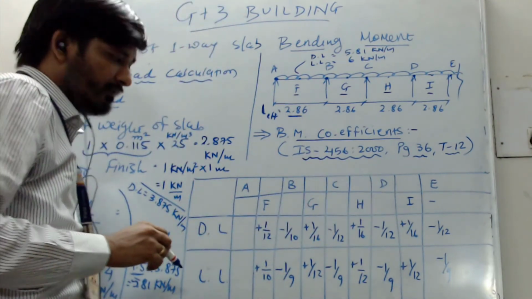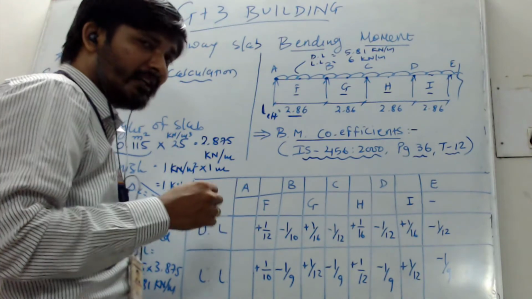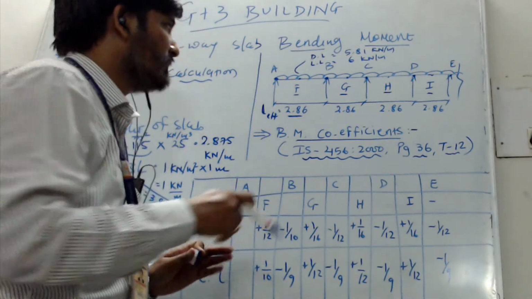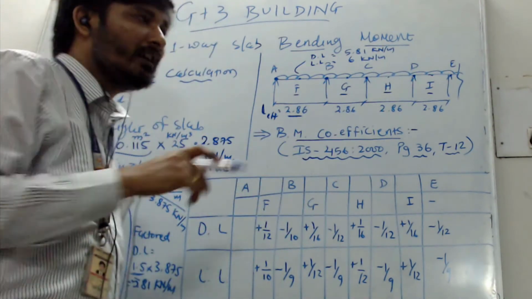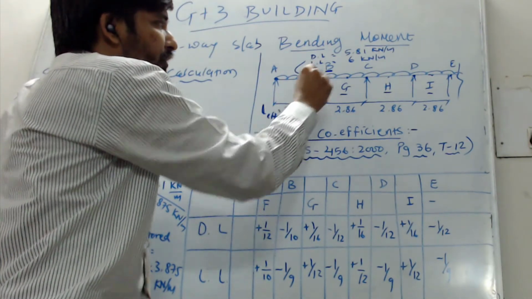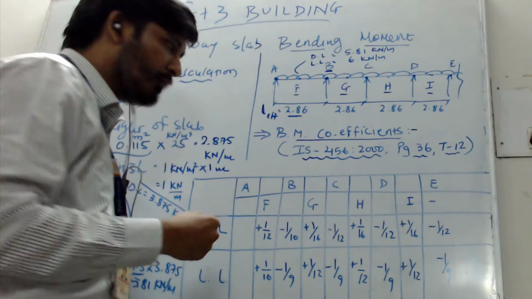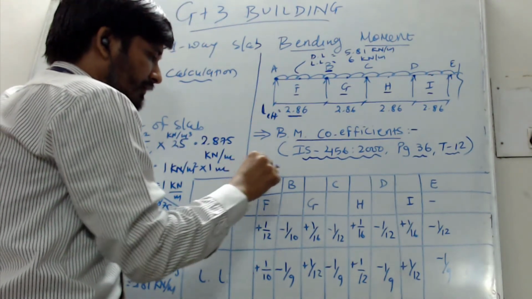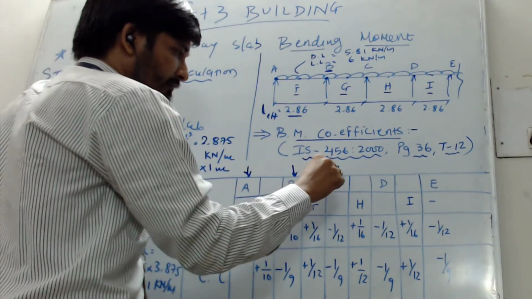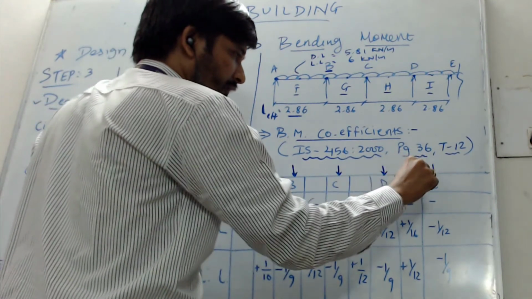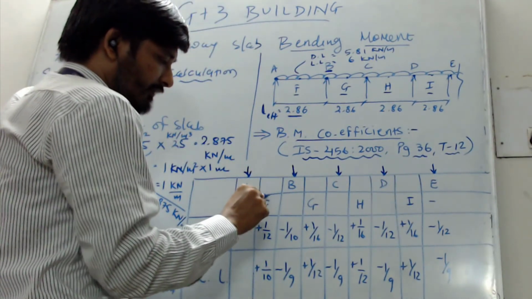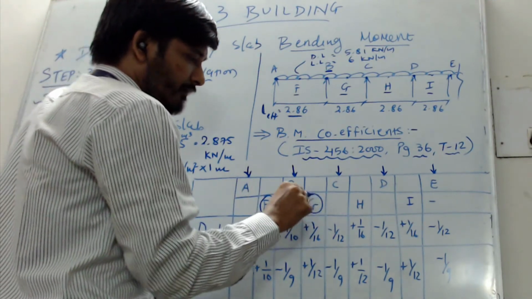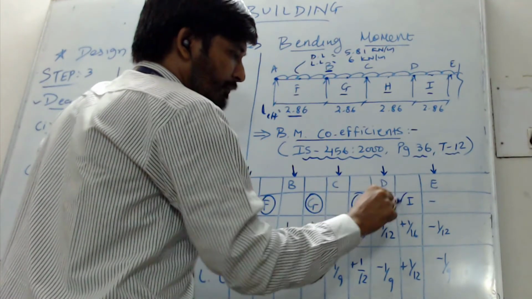We need to identify the support moment and span moment. The moment at point A, B, C, D or E is called a support moment. All the arrows that I am showing on the table are support moments, and these circles are span moments.